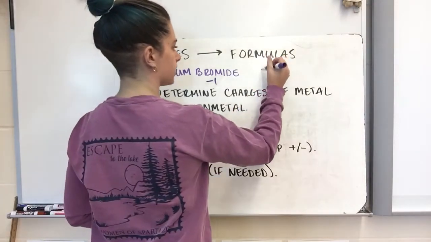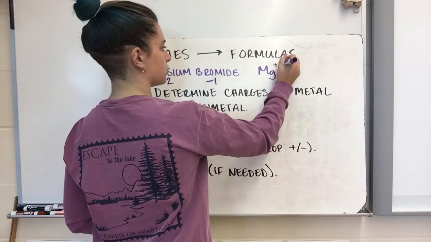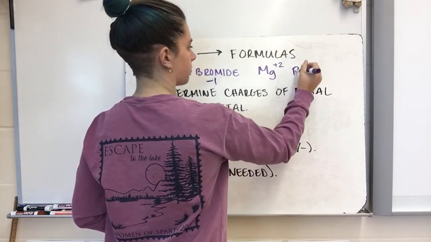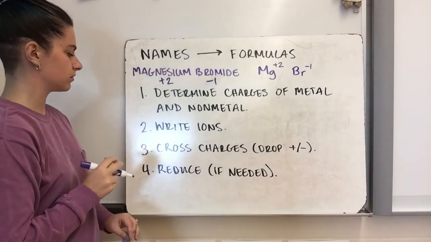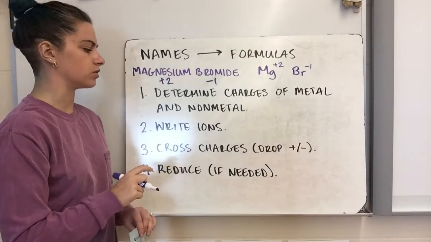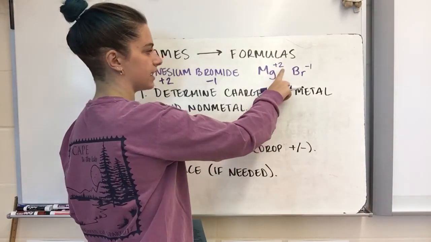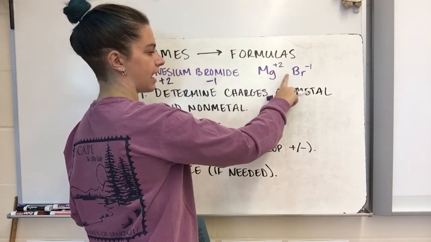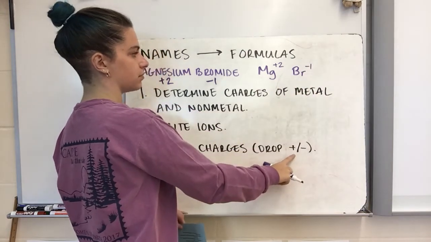So I'm going to come over here and I'm going to write magnesium with a +2 charge and bromine with a -1 charge. And then I'm going to do something that's called crossing the charges. So what I'm going to do is I'm going to take my charge from magnesium, it's a superscript right now, and I'm going to turn it into a subscript on bromine. And I'm going to drop the plus.